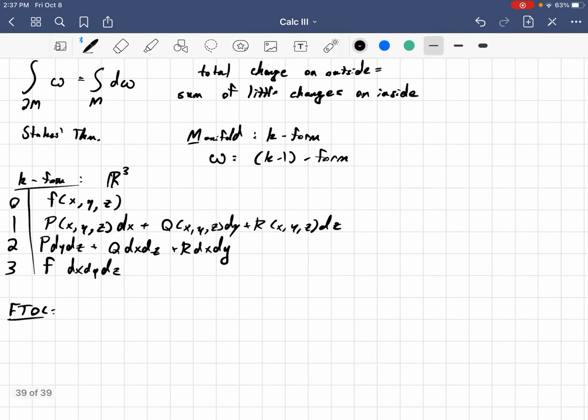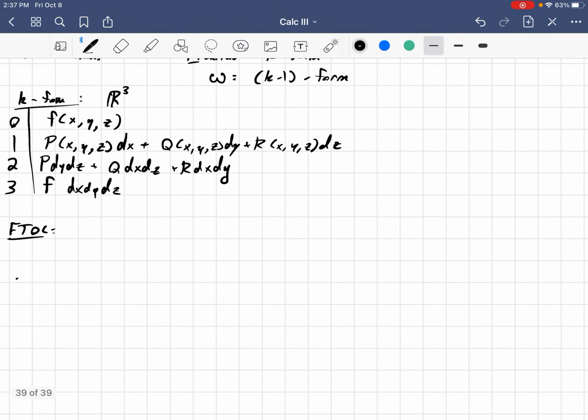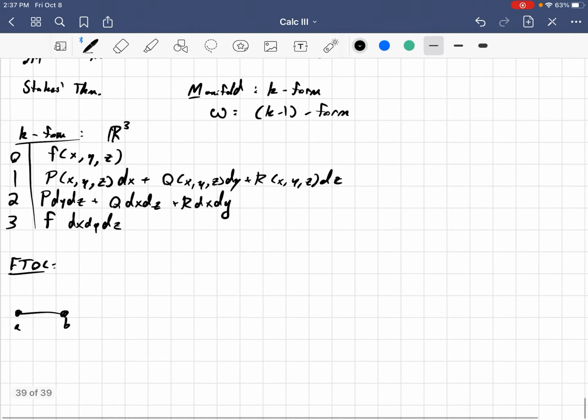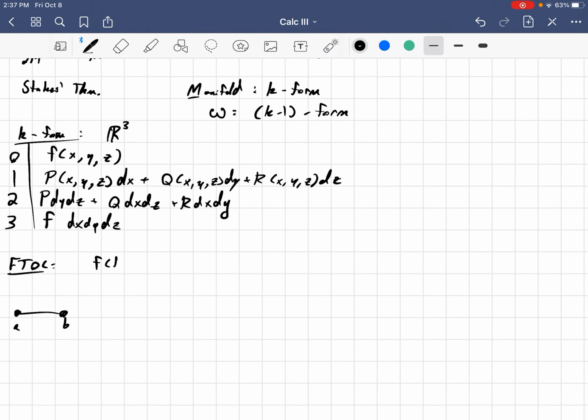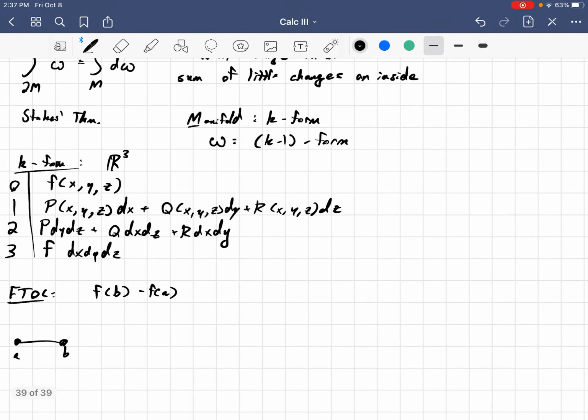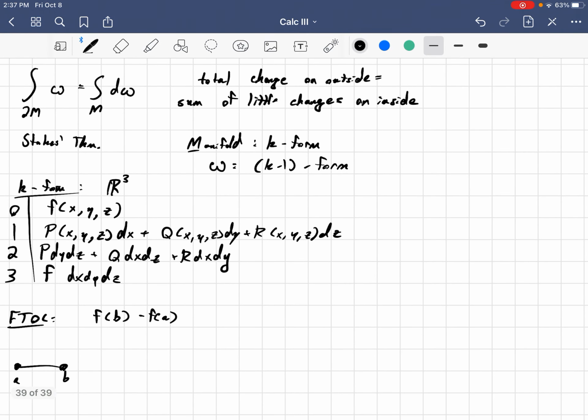The total change on the outside, so if we are integrating over this 1D line segment from A to B, the total change on the outside is f of B minus f of A. In this case, we could think of the fundamental theorem of calculus as the zero form version, as letting omega be a zero form of the general Stokes theorem.